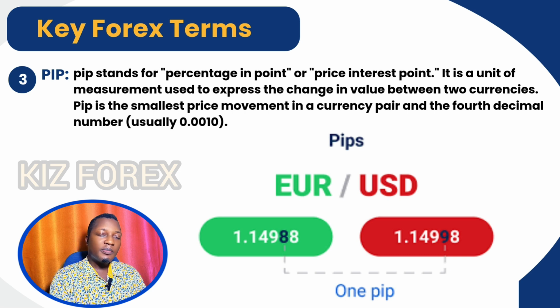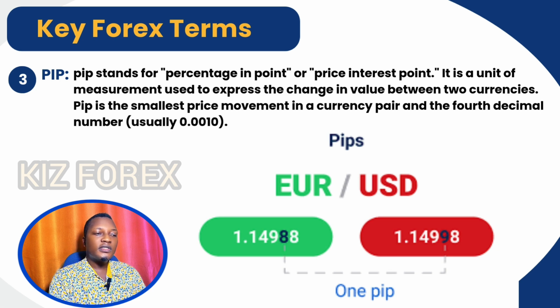The difference in the price movements of the fourth decimal is what a pip is all about. As you can see on this graphical representation, we have the Euro USD, and the Euro is quoted at 1.14988, and the USD is quoted at 1.14998. So this is the price in between the two.